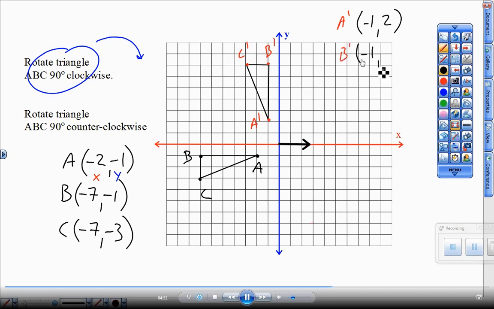Flip -7, -1 to be -1, and 7 opposite, positive. -3, +7. And again, that makes sense. -1, +2, -1, +7, -3, +7. Again, I flipped the points around and made the y coordinate opposite. Always happens. Flip the points around when you turn to the right and make that right coordinate opposite.